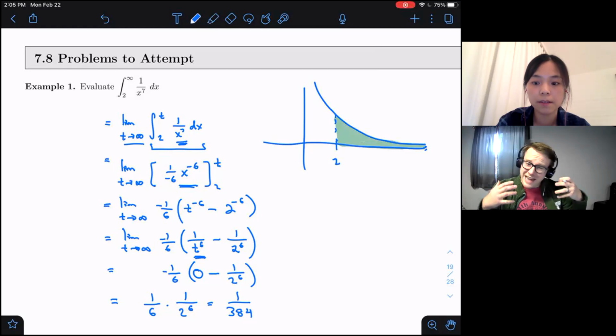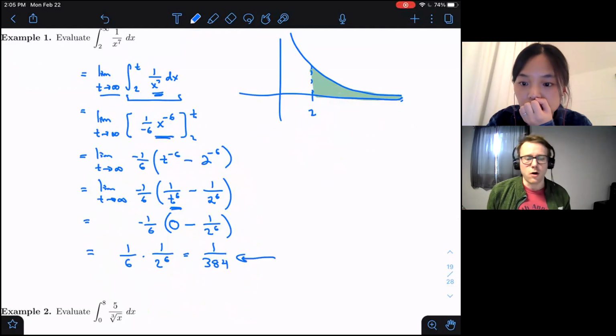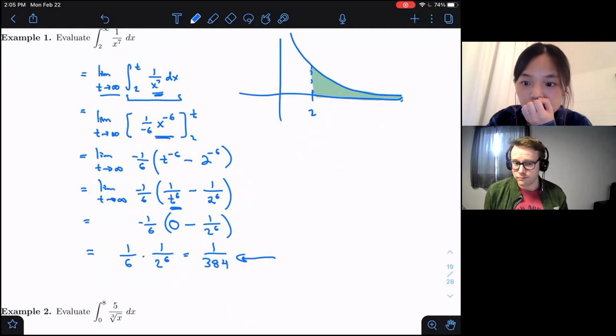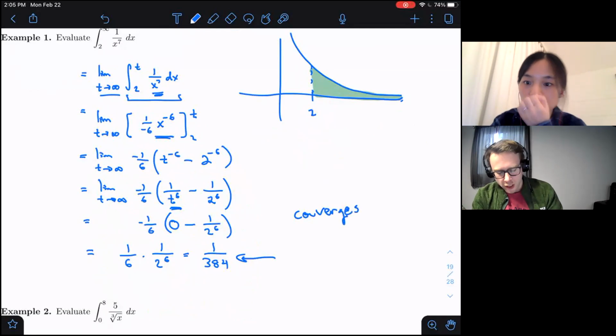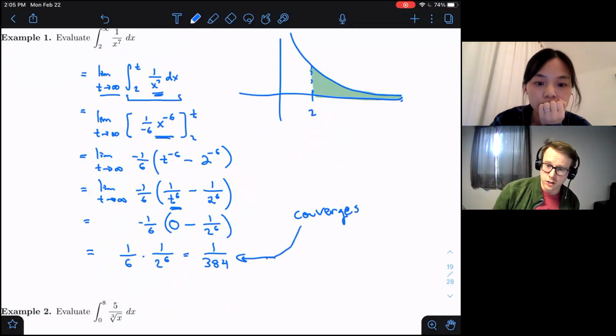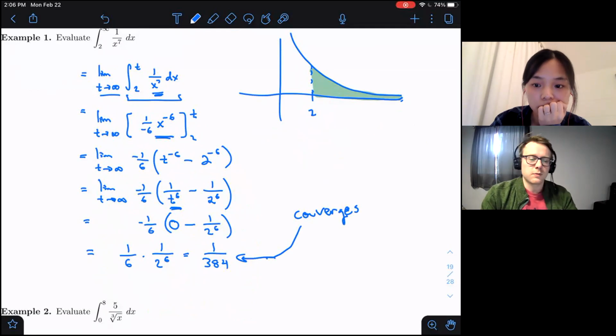So this is saying if you were to add up all the area from 2 and forevermore off to infinity, this gets closer and closer and closer, it converges to 1 over 384th. So it goes to some nice finite number here. We would say that it converges, and better yet, we know what it converges to: 1 divided by 384. So that's why we say that it converges. Again, if it doesn't converge, then we say that it diverges.